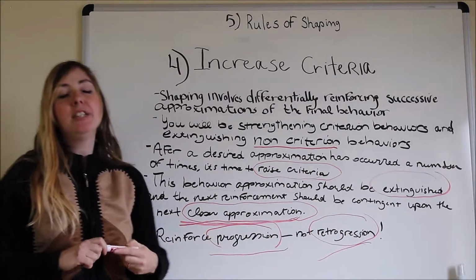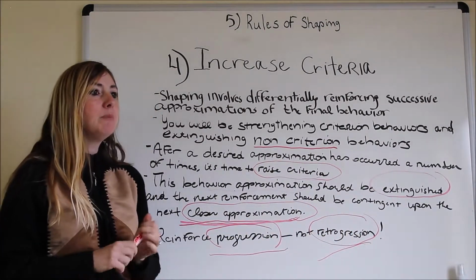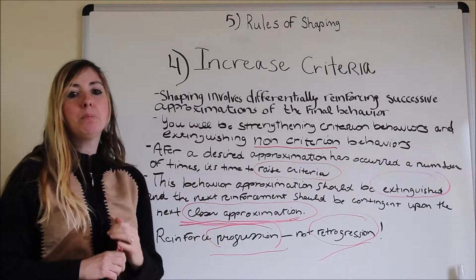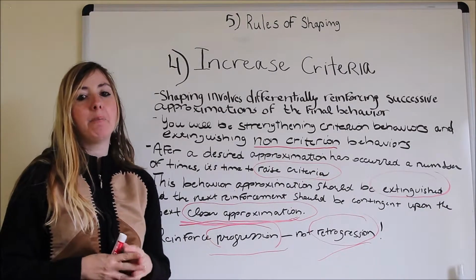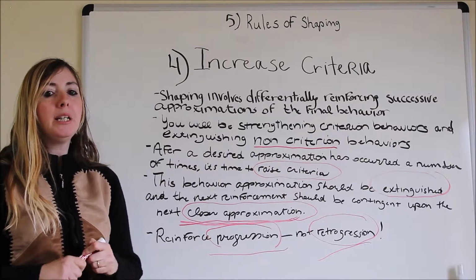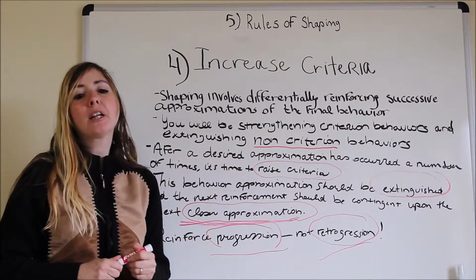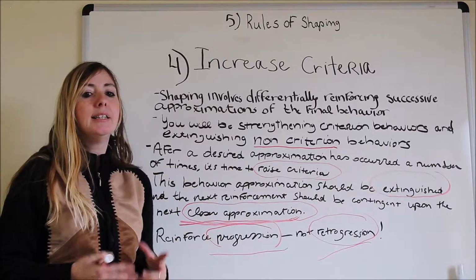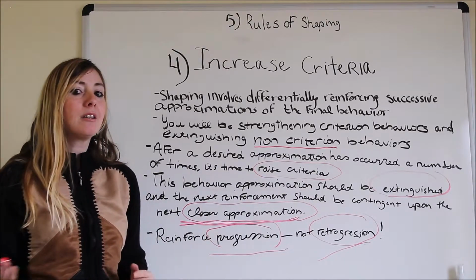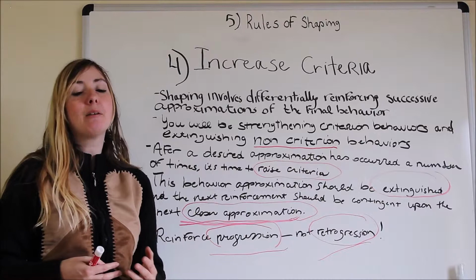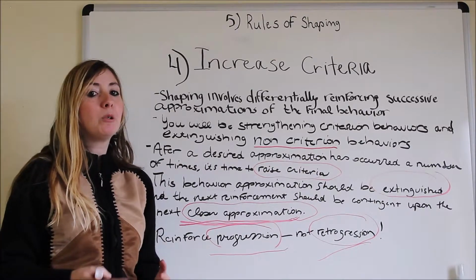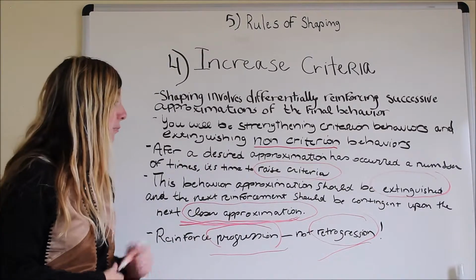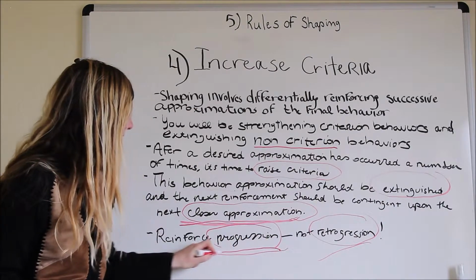So for sake of an example, let's imagine that we're training a dog to place 2 paws inside a box. So we will be initially clicking and rewarding the dog for simply looking at the edge of the box. Then, if we're lucky and the dog happens to look inside the box, we might click and reward that, and that's good because that means that we are progressing.